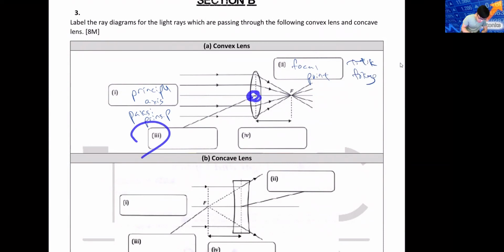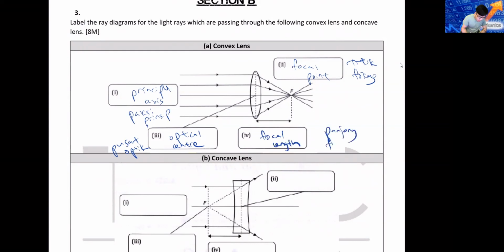And then what is number 3? This thing here, the middle of the lens, the center of the lens. So that's your optical center. Pusat optik. And the last one, what is this length here? The focal point is here. This should be your focal length.